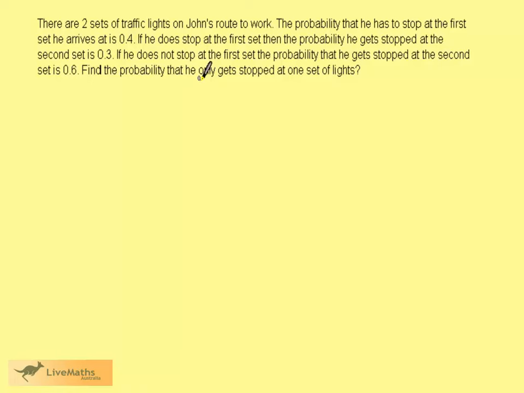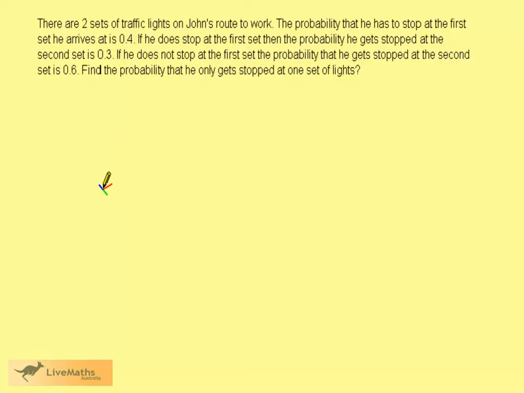If he does not stop at the first set, the probability that he gets stopped at the second set is 0.6. We want to find the probability that he only gets stopped at one set of lights.